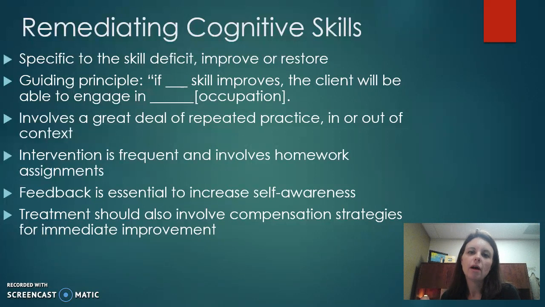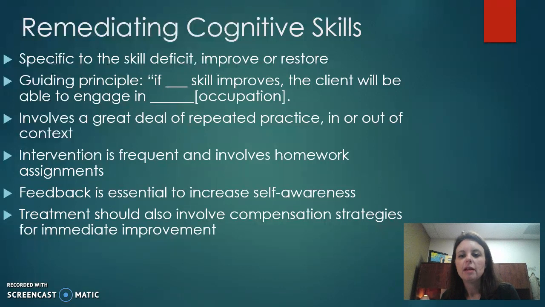So it's a very bottom-up way to think about how to address cognitive deficits. For example, if my client's ability to sequence improves, he will be able to complete his morning routine independently to get ready for work. Okay, so skill to occupation.